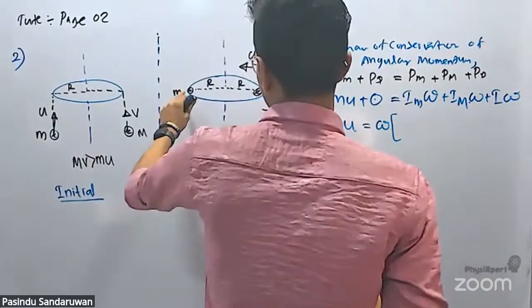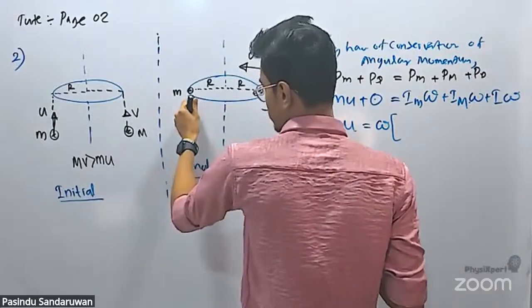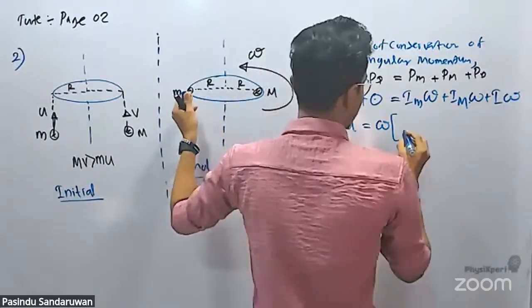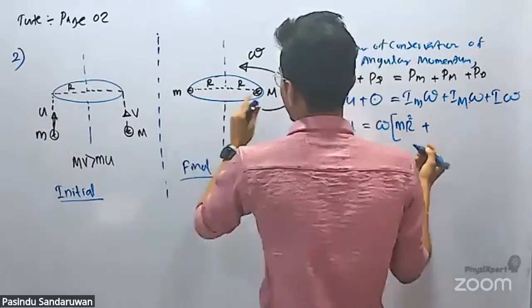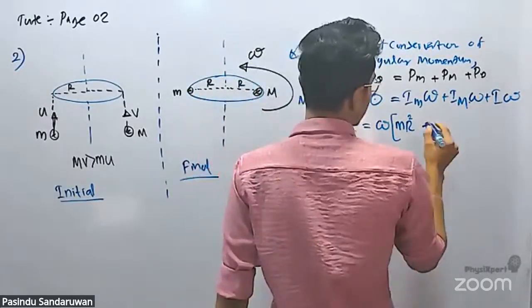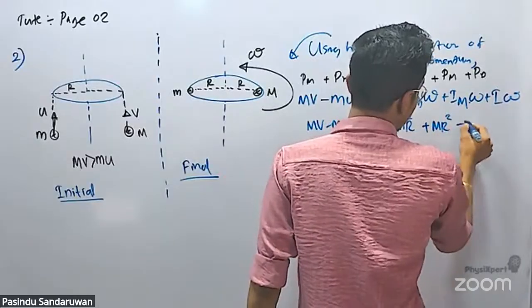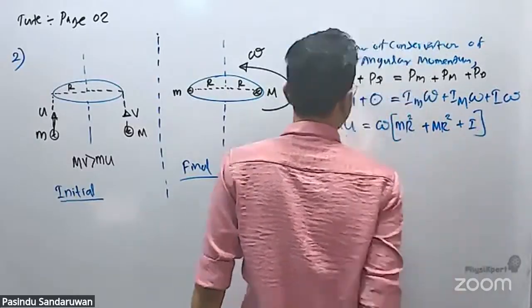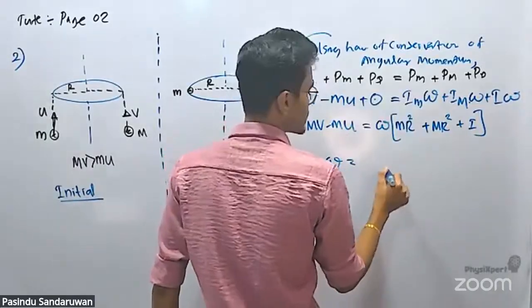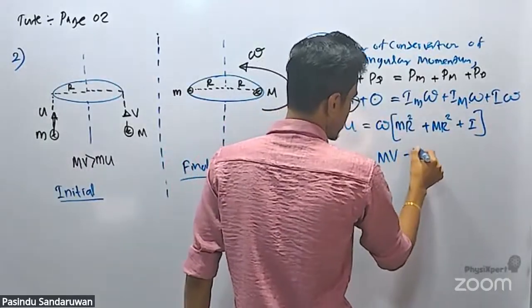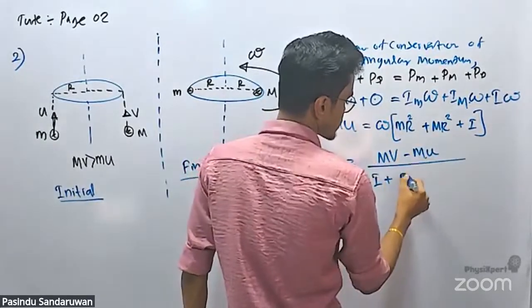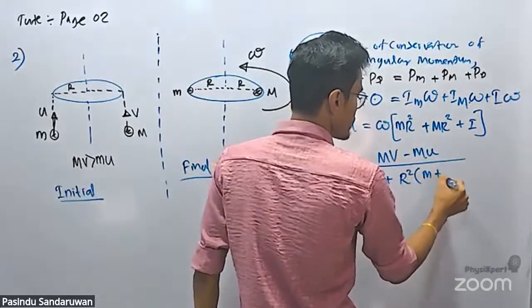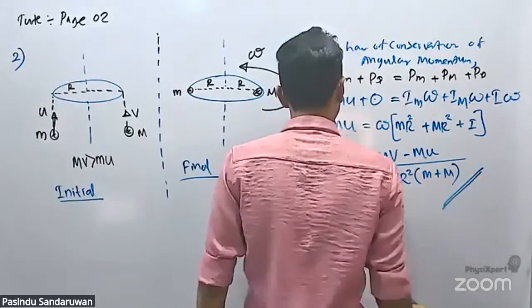Im about simple m, this is an external axis, so it can be written as m r squared. For capital M, this is an external axis again, so that is capital M r squared plus I. Subject omega from this: omega is capital M v minus simple mu over I plus r squared is common, simple m plus capital M. Final answer.